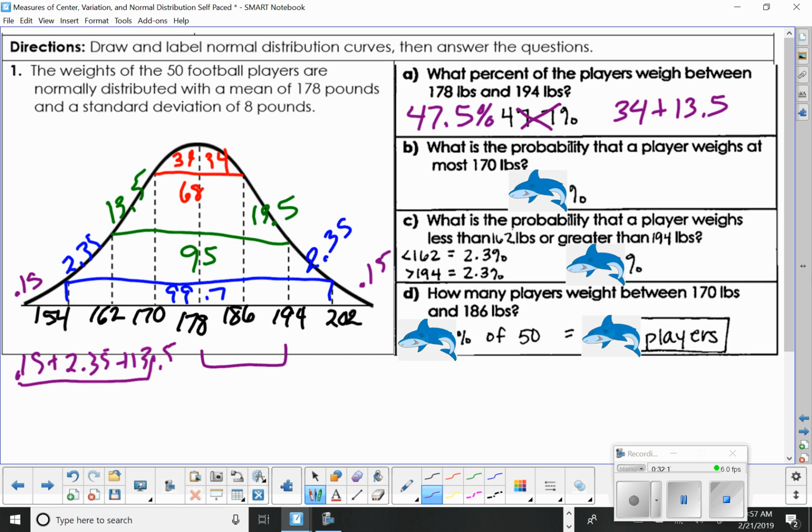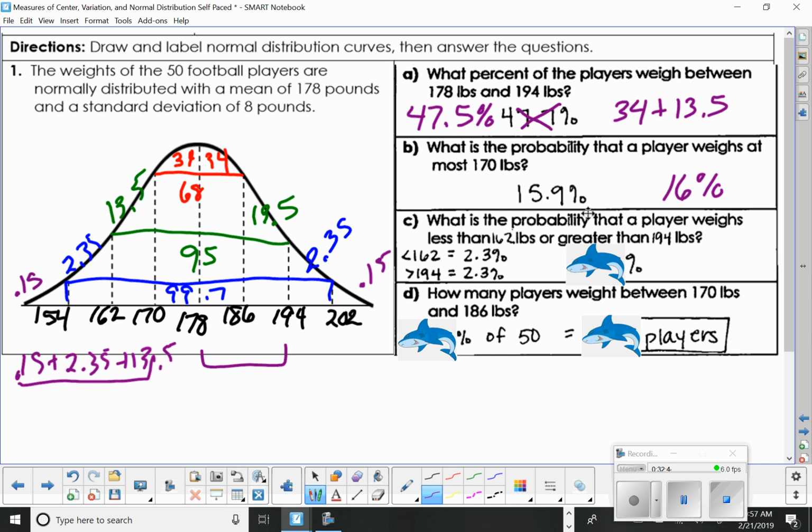And you should get 16%. Let's see what they did here. 15.9. Remember I said you're going to be off by about 1% using theirs. But again, this is likelihood, probability. To be off by a fraction or a tenth is not a big deal. And the empirical rule depends on which one you're using.